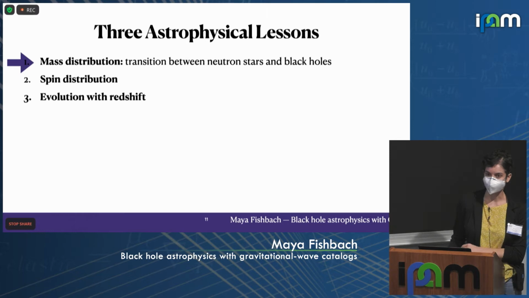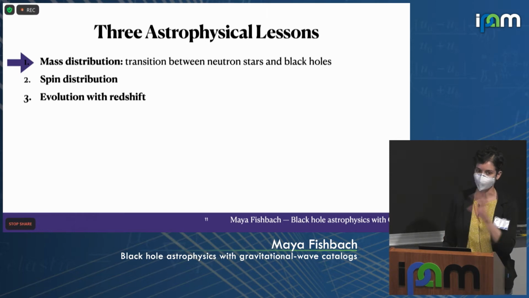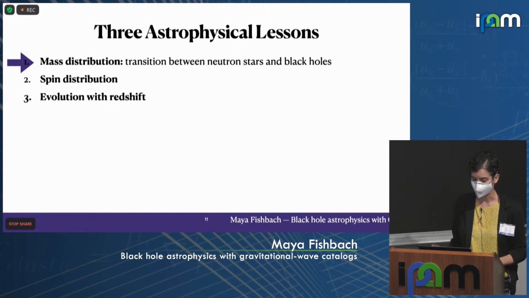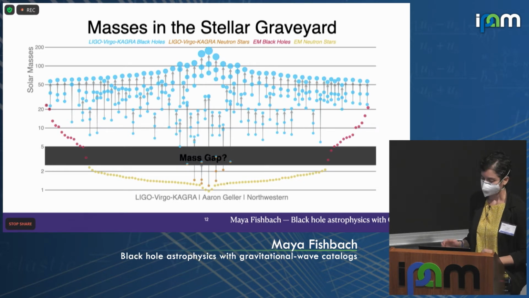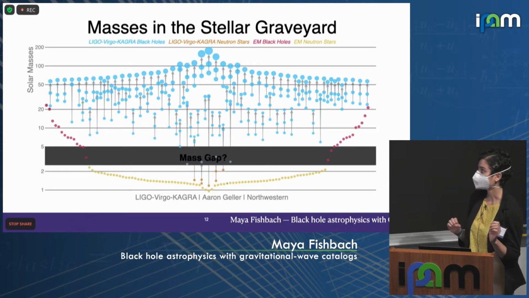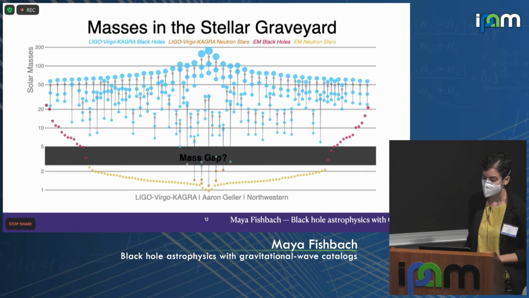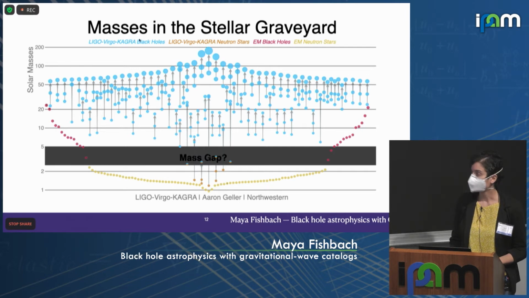And fortunately, Michaela gave a great overview of both of these mass gaps in her talk earlier. So just to briefly recap what we're talking about, here is the same stellar graveyard plot from Michaela's talk, where we can see black holes in blue and pink, and neutron stars in orange and yellow.